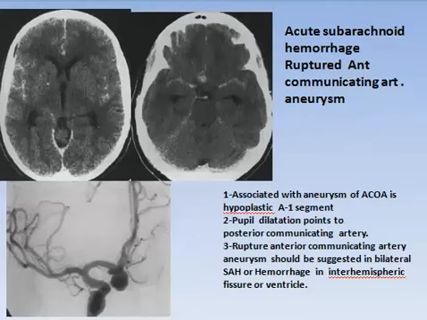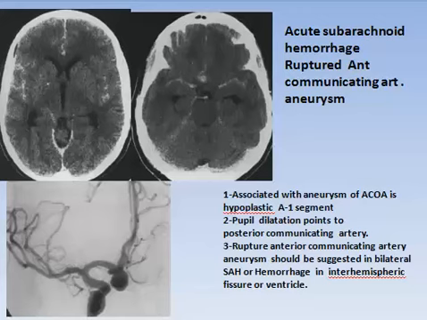This is acute subarachnoid hemorrhage, ruptured anterior communicating artery aneurysm. If the pupil is dilated, this points to posterior communicating. Ruptured anterior communicating artery hemorrhage should be suggested in bilateral subarachnoid hemorrhage in the interhemispheric fissure.